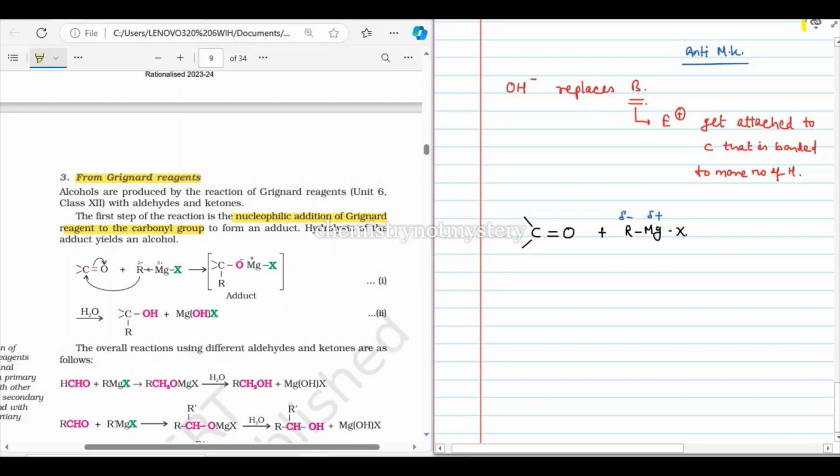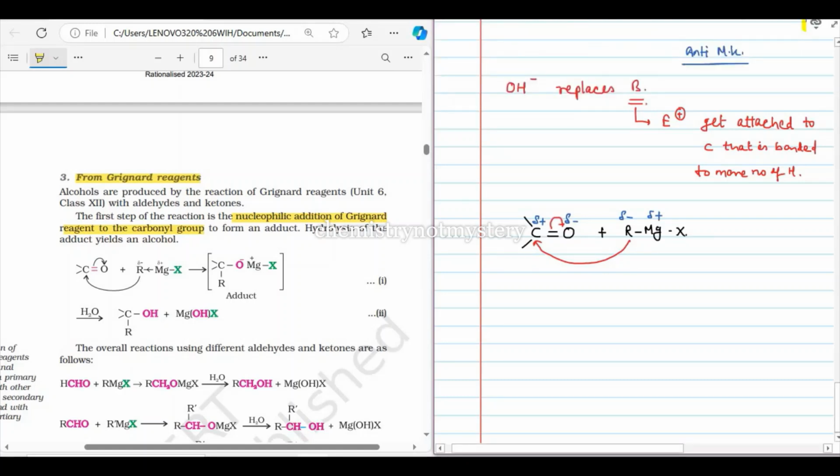Here also there is a dipole moment towards oxygen. So oxygen is delta negative and carbon is delta positive. So that's why this alkyl group, which is negatively charged, will attack the electropositive carbon, and the pi bond moves to oxygen.